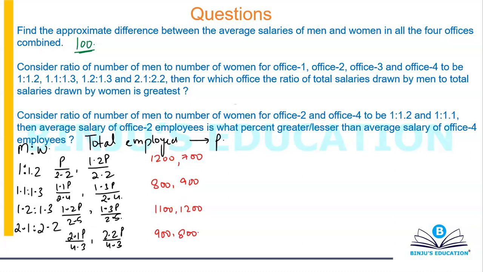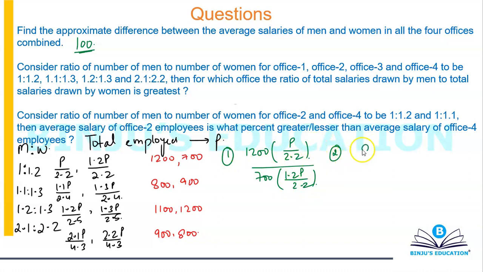Let's start doing that calculation. So it's going to be 1200 into P divided by 2.2, divided by 700 into 1.2 P divided by 2.2. This is for one. For second, it's going to be 800 into 1.1 P divided by 2.4, divided by 900 into 1.3 P divided by 2.4.